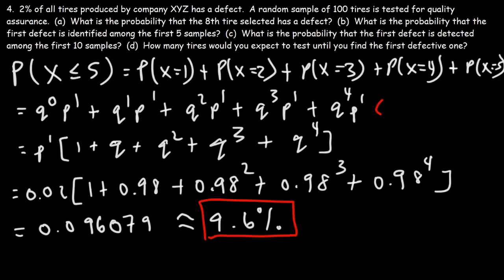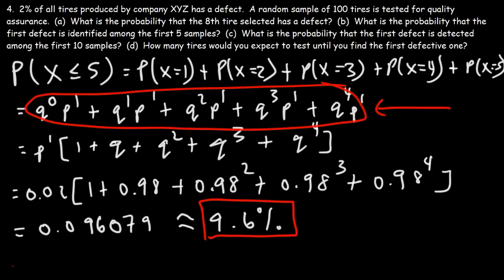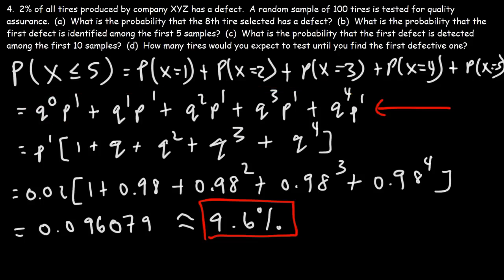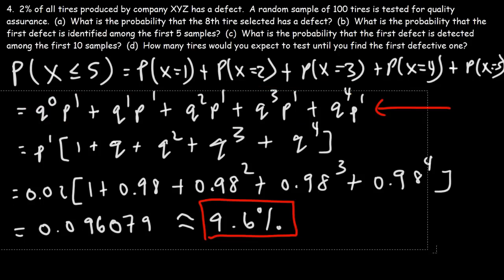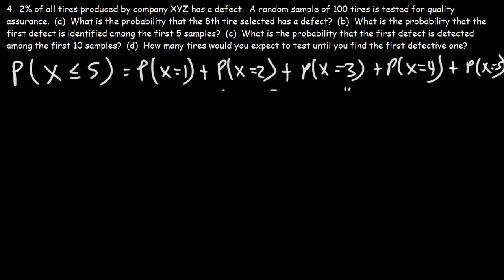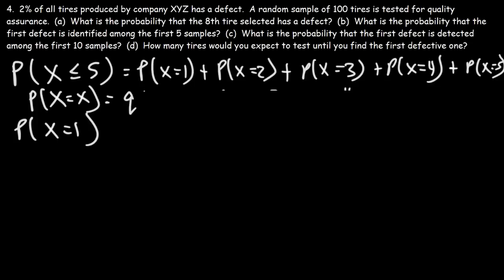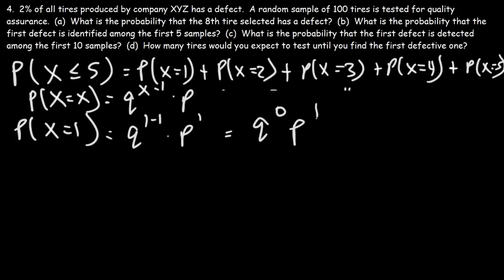Now, for those of you who might be confused on how I got this part of the formula, here's how you can get it. Let's say you're determining P of X equals 1. Remember, P of X equals x is Q to the x minus 1 times P. So when x is 1, this is Q to the 1 minus 1 times P, so you get Q to the 0, P to the first.